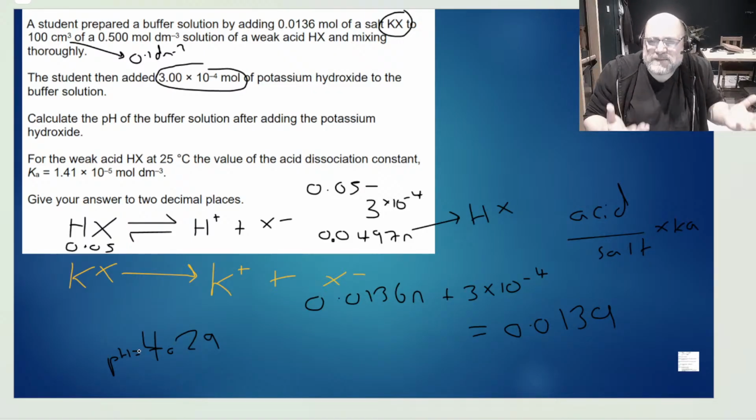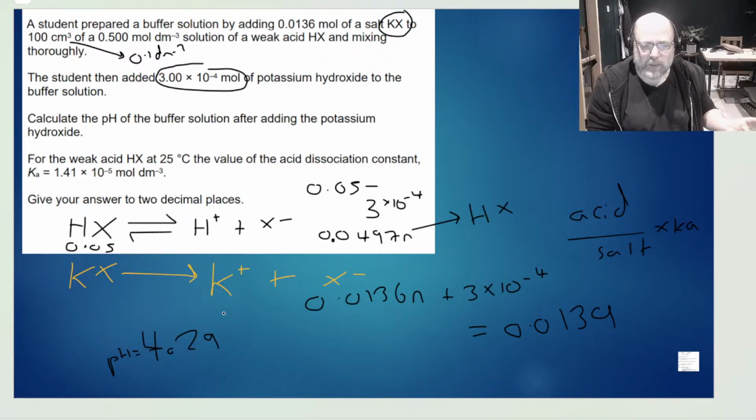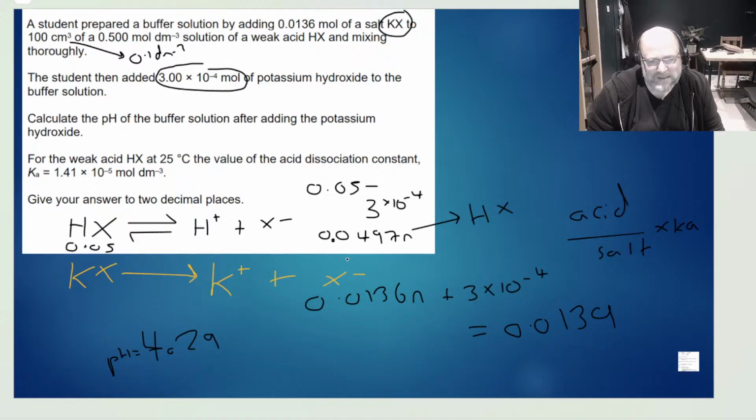I always stick to the basic way: if you add an alkali, it will be neutralized by the acid, and if you add an acid, it will be neutralized by the salt of the acid or the base. But you can talk about it in terms of equilibria as well, the shifts in equilibria.